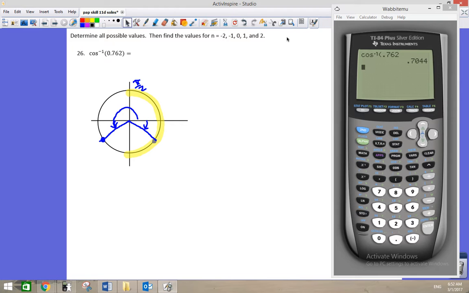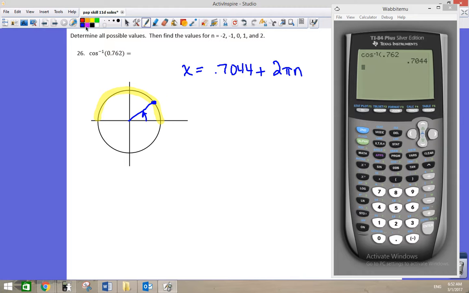So here in quadrant 1, it's going to look for an x-coordinate, and it's going to find it here in quadrant 1, and it's going to return this angle. We'll call that n equals 0, and then you'll just add complete revolutions. So you'll let n equals 0, n equals 1, n equals 2, negative 2, negative 1 into this equation to find the solutions associated with this point.